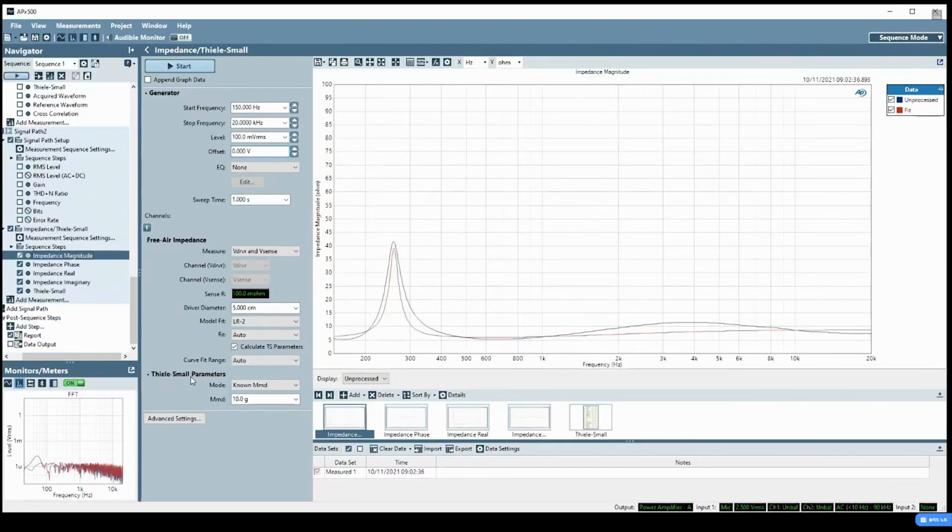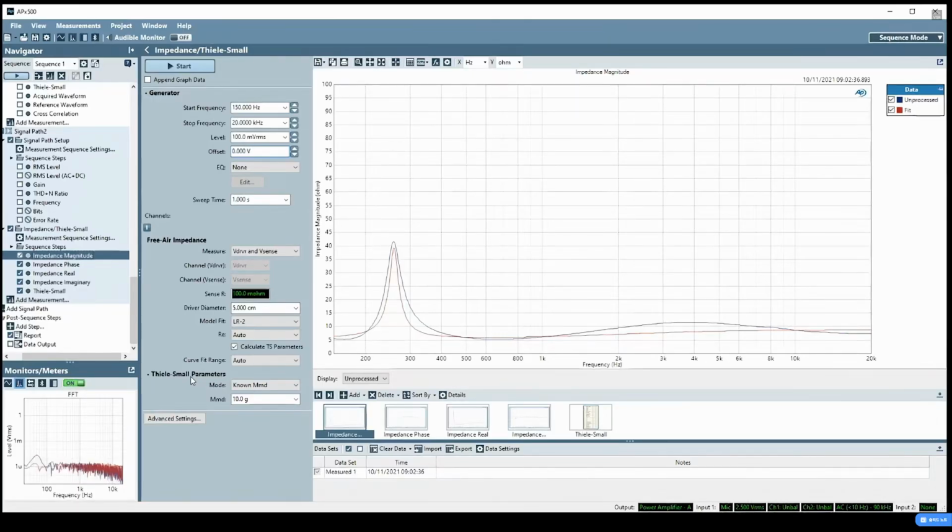Okay, good. And then there's another one. Can we do all the measurements we have talked about in an electrical way? I think we've just answered that. Yeah, I think so. So the impedance Thiele-Small is an electrical measurement.